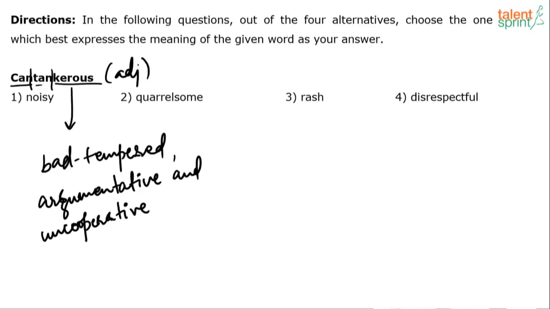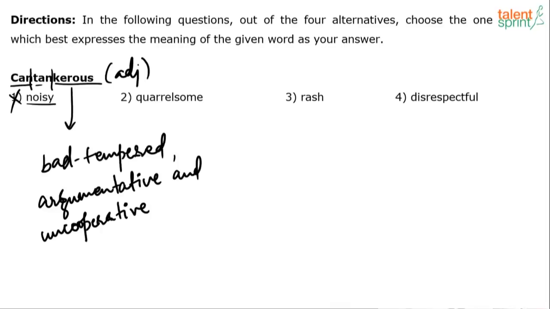So let's look at the options. Option 1, noisy. Noisy is just loud sound. It does not deal with temper, so it will not be option number 1. Then we have quarrelsome, rash, disrespectful.